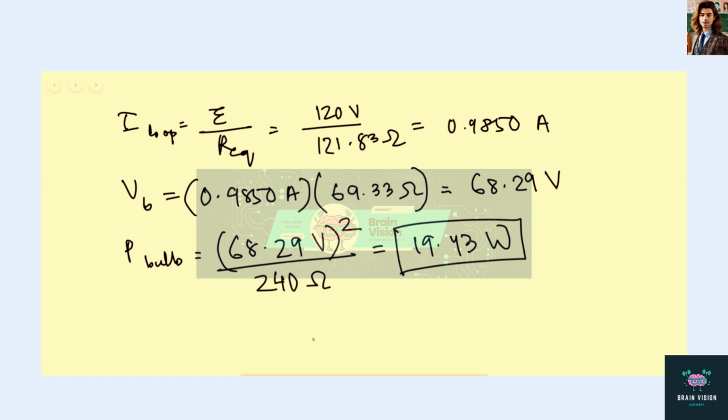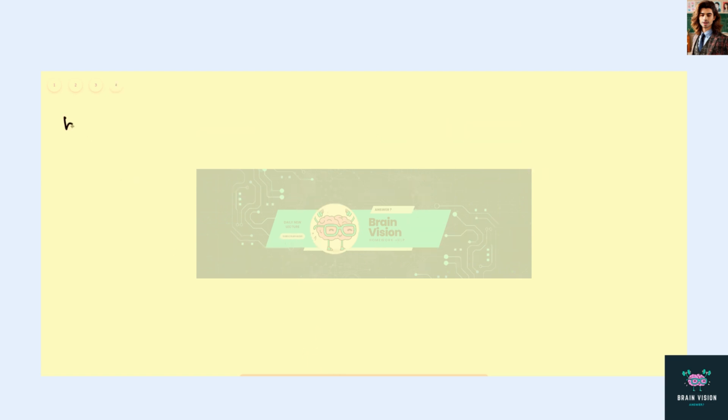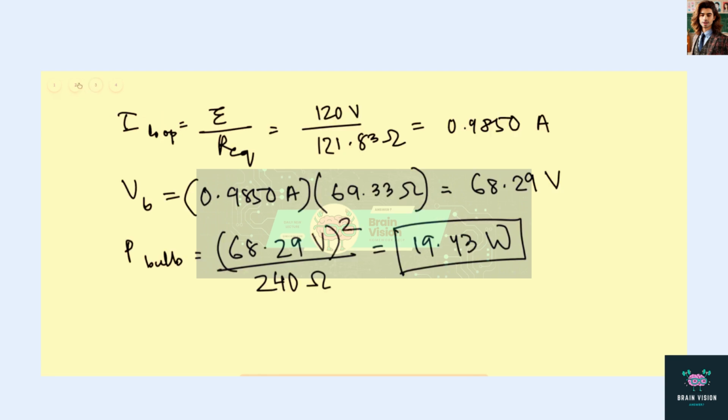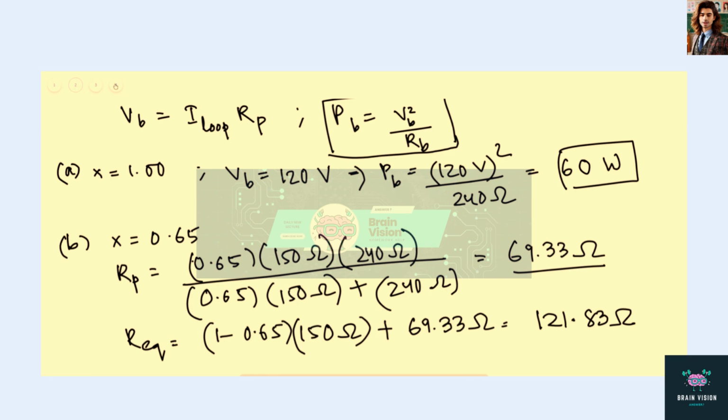Now for the last case, our x is equal to 0.35. We will do the same process that we did in part B all over again.